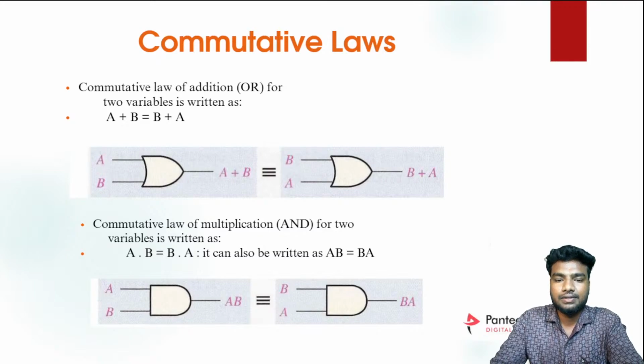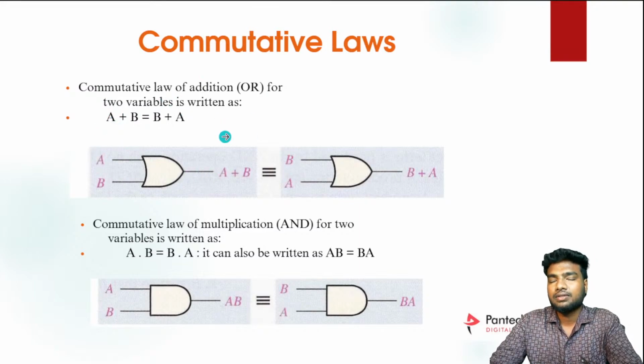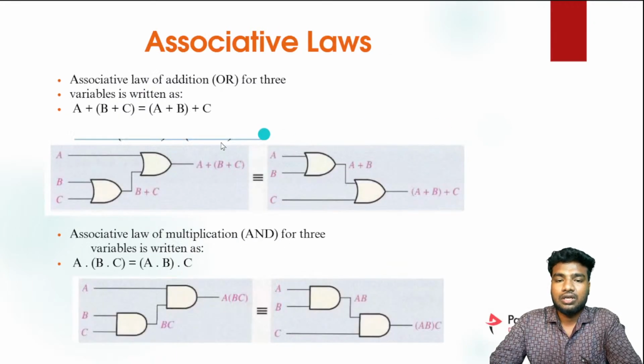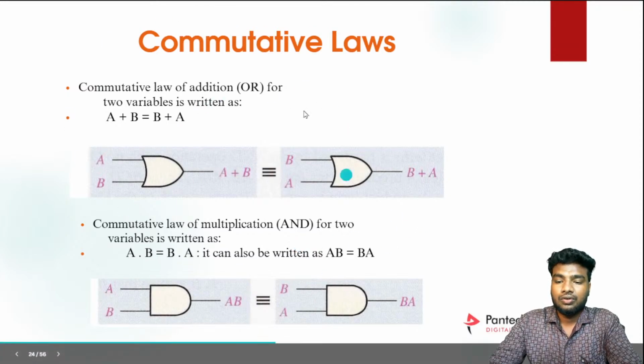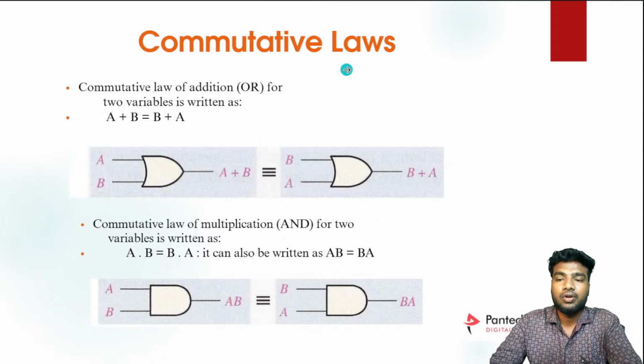The commutative law says that A plus B equals B plus A. Both are equal, so we call this the commutative law. It is the same for multiplication: A and B equals B and A. So this is the commutative law of addition and multiplication.